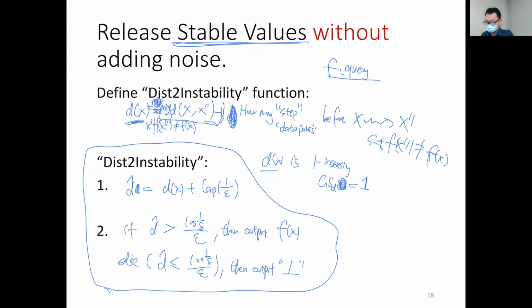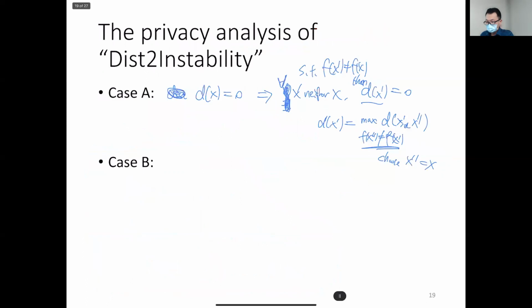Okay, so now back to the first. Everything is still true, right? This d of x is 1-insensitive because the global sensitivity of that is still 1. And now let's look at case 1. When d of x is equal to 0, then it means that for any neighbor of x, d of x' is also equal to 0.